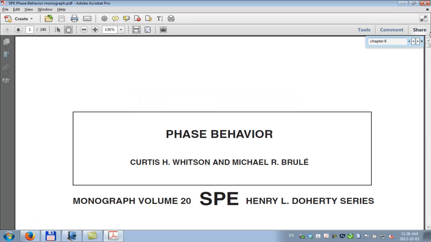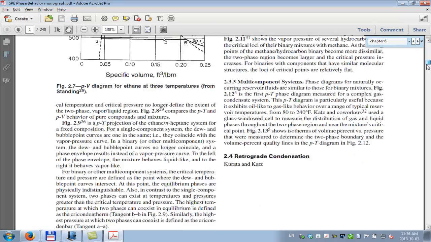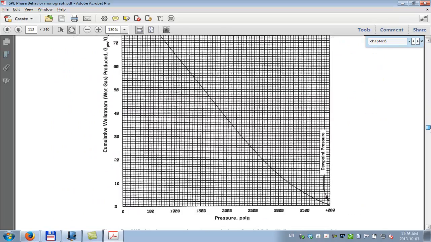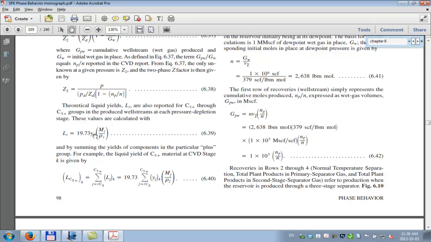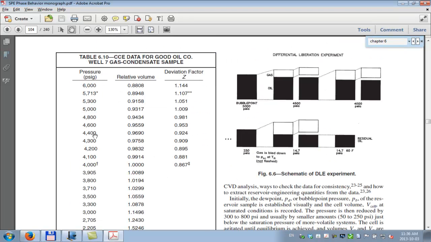Okay, so here we've got the schematic picture of what we already talked about in the DLE. I thought I would just go in and select excerpts from a PVT report for differential liberation.